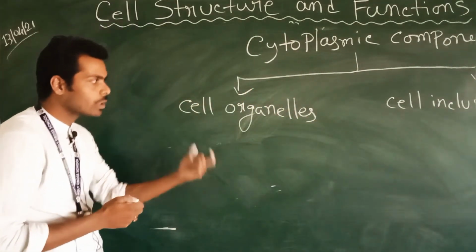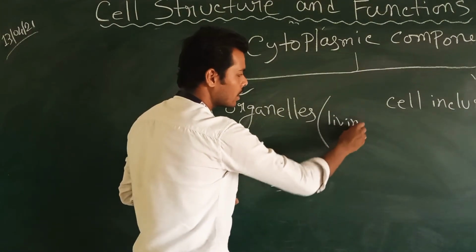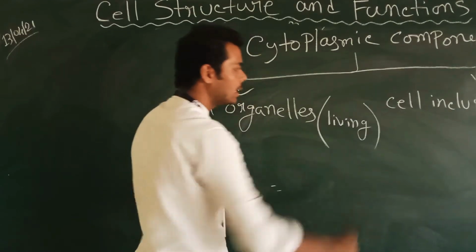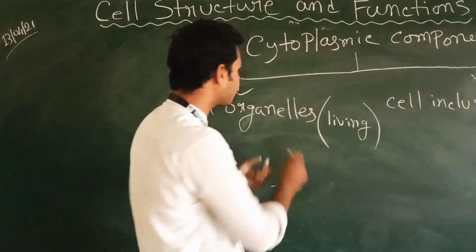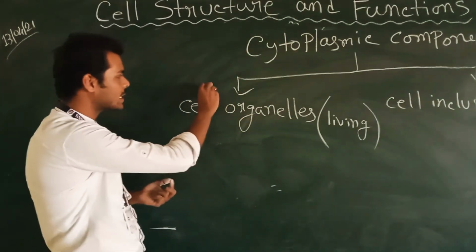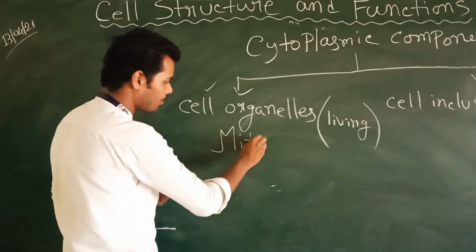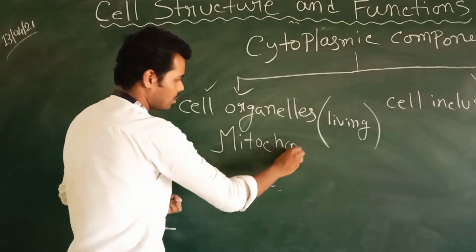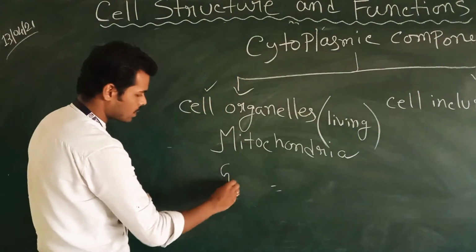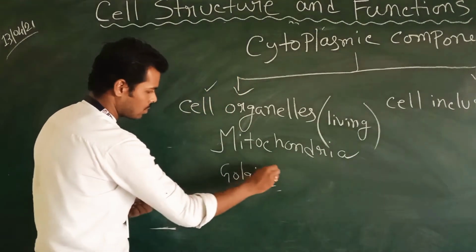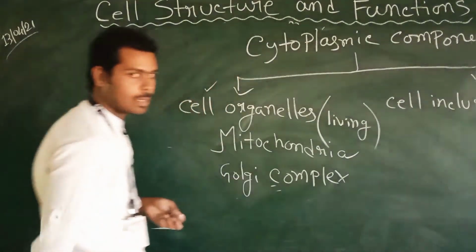So what are the cell organelles? Cell organelles are the living components or the living parts of the cytoplasm. Examples: mitochondria, Golgi complex, please write these names.